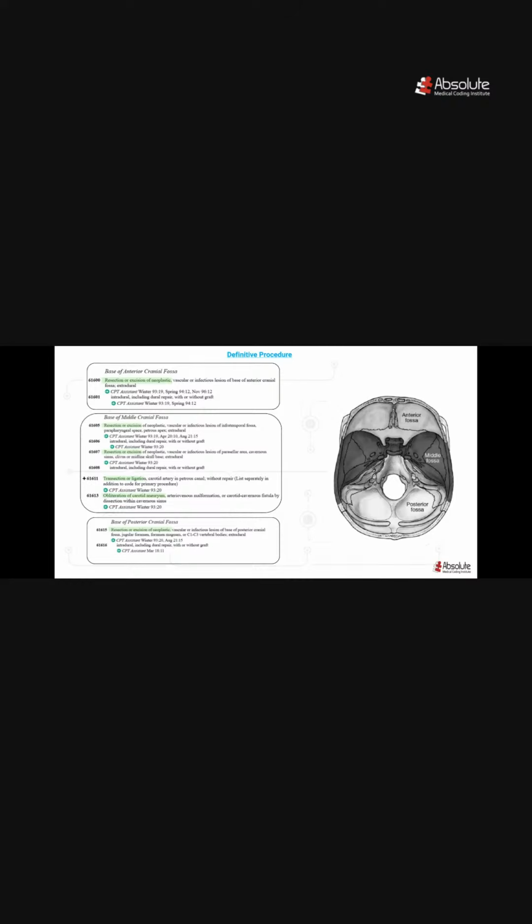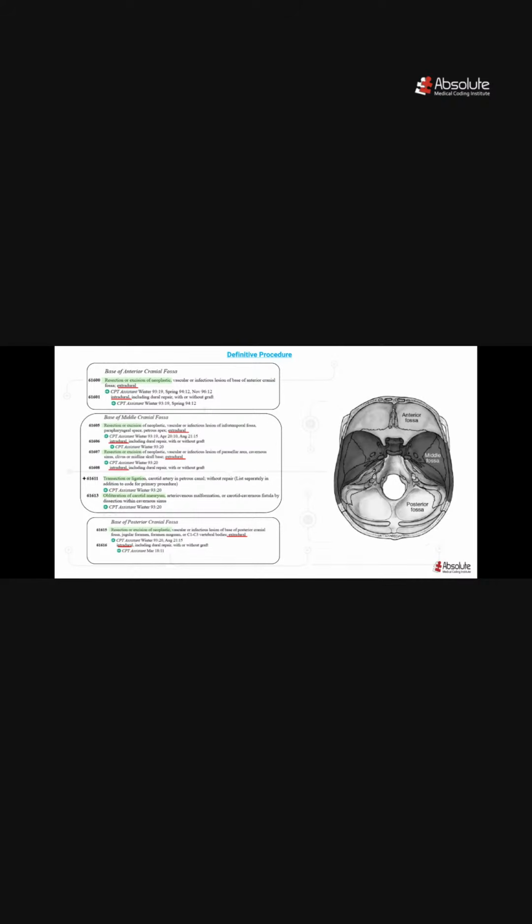Each location is further divided based on the depth of involvement, whether extradural or intradural. Extradural means the lesion is outside the dura, and intradural means the lesion extends inside the dura. That's the difference between an extradural and an intradural.